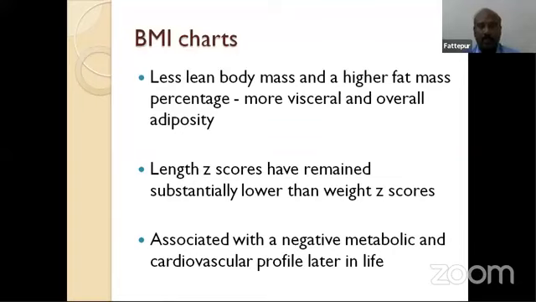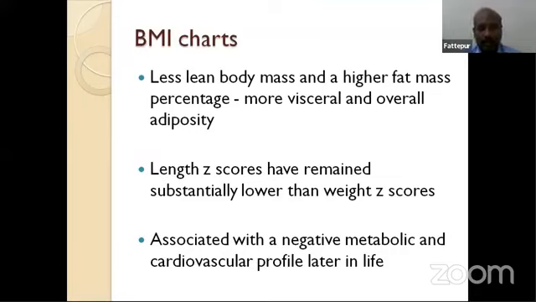The more the visceral fat, the more the abdominal fat accreted, the more the metabolic syndromes or long-term complications will be there. So they have less lean body mass and higher fat mass. To find out which babies are prone to this, BMI charts came into existence.